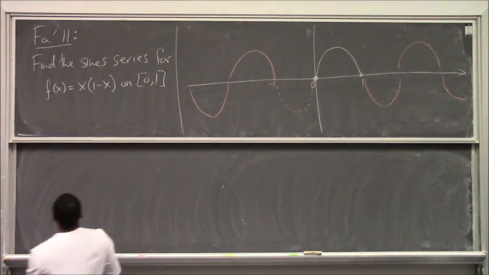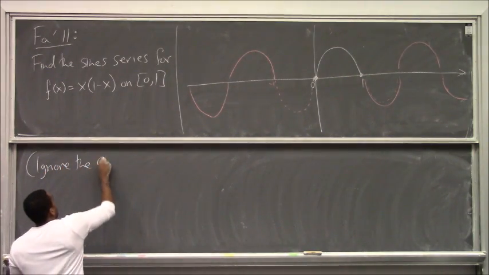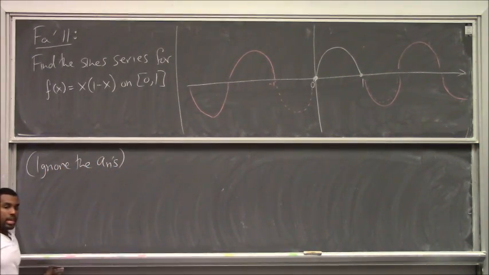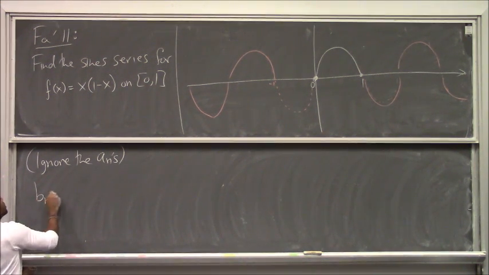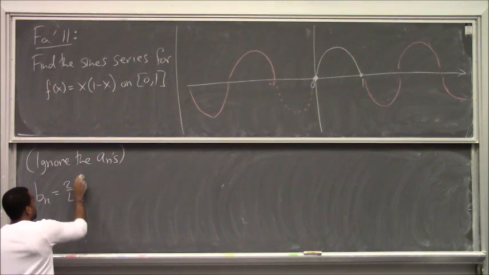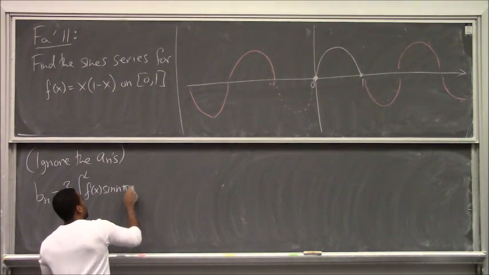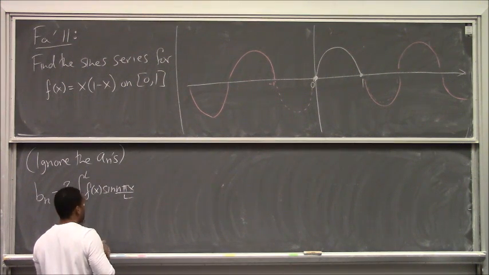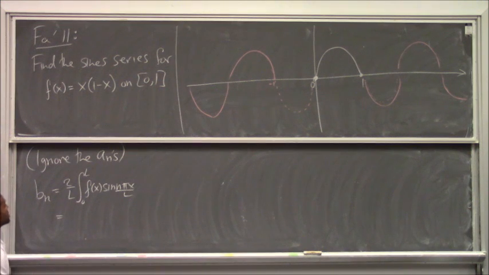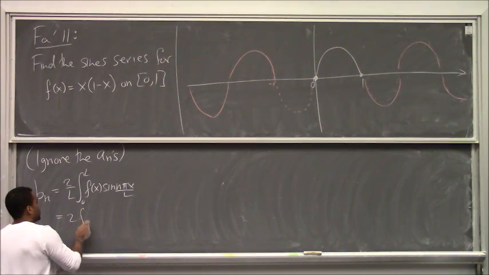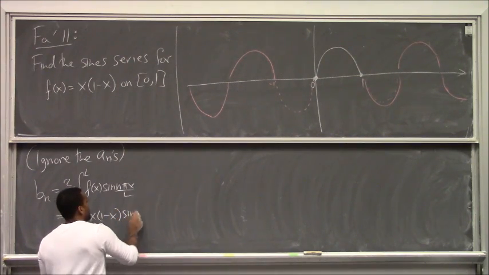Because it says sine series, I'm going to ignore the A's, including A0, and immediately jump into the B n's. That's 2 over L integral from 0 to L of f of x sine. L in this case is 1, because that's the length here. So it's 2 times the integral from 0 to 1 of x times 1 minus x times sine of n pi x.